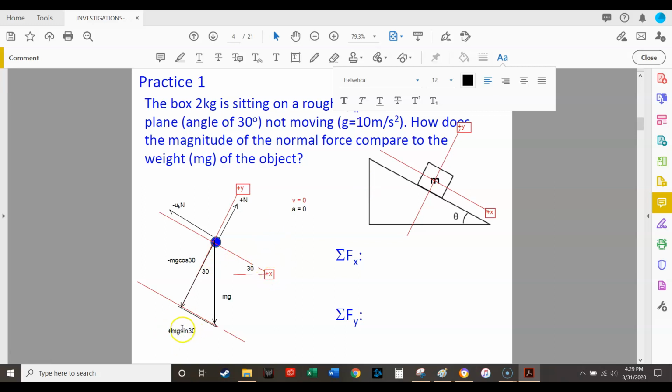So this is going to be a positive mg sine of 30 degrees. All right, what I want you to do right now is sum the forces in the x direction and sum the forces in the y direction for this twisted coordinate system. Go ahead and pause the video and try that now.